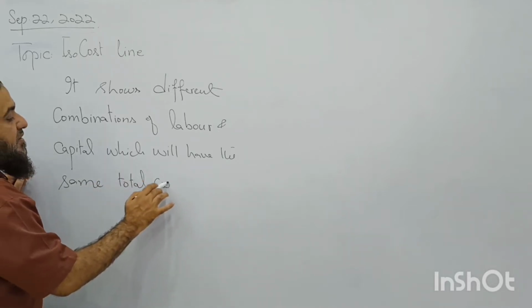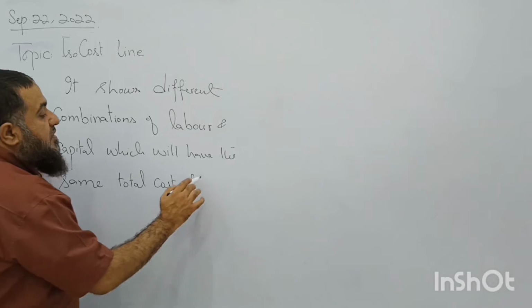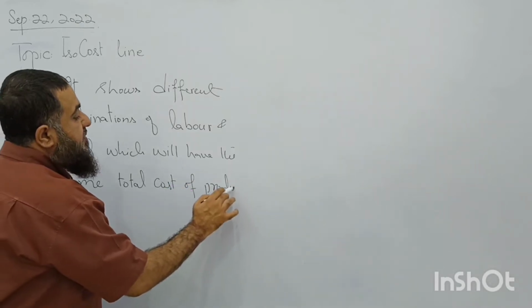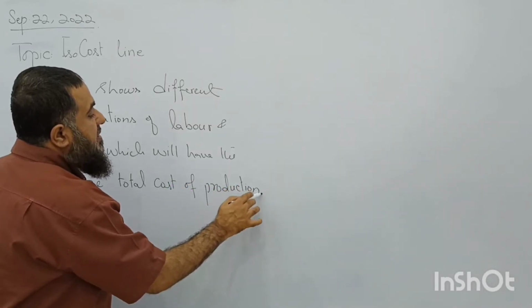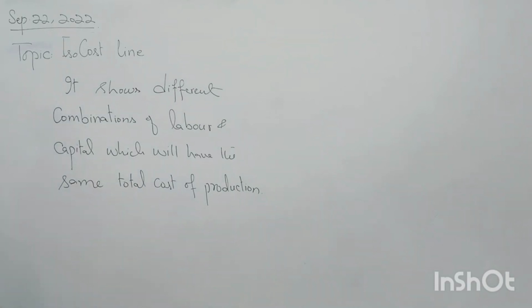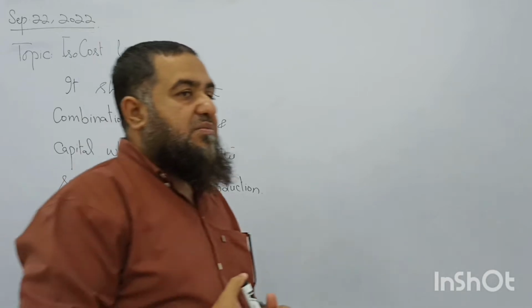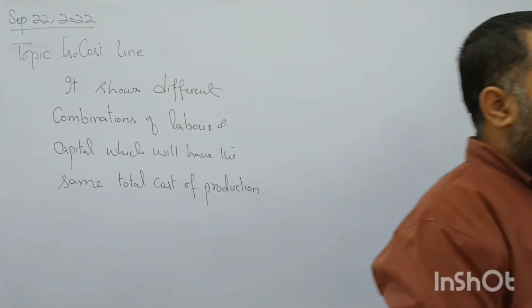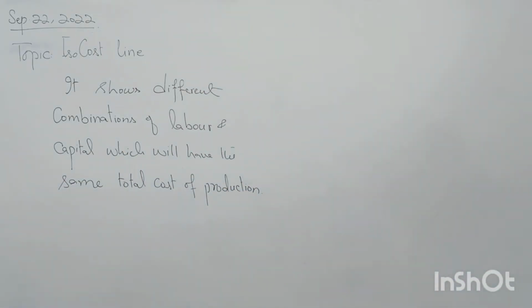All right. So this is a line which gives us different combinations of inputs, in our case labor and capital, which have the same cost of production for the producer.